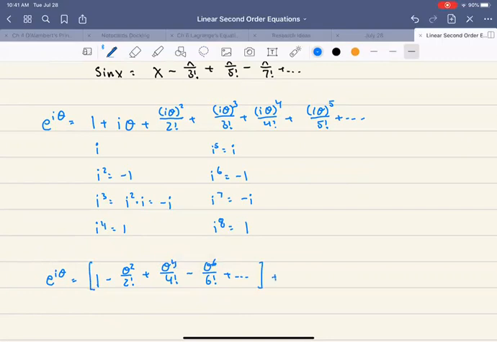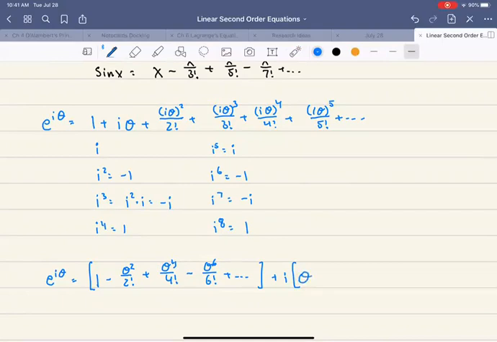Let's take the odd ones. We're going to pull out an i, because all the odd powers are going to have an i or a negative i. The first one is theta.